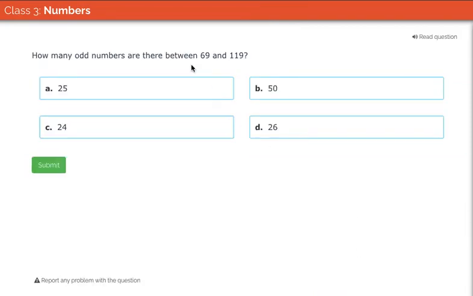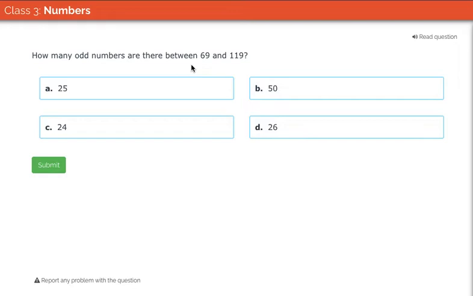How many odd numbers are there between 69 and 119? Okay, let's see. How many odd numbers are there between 69 and 119?